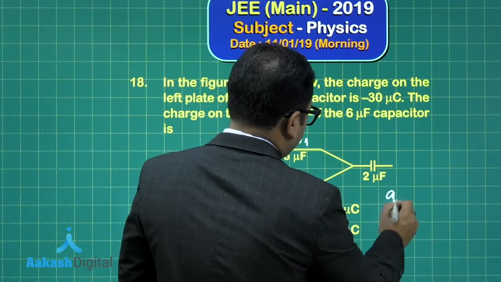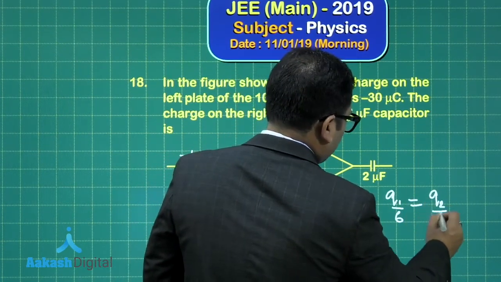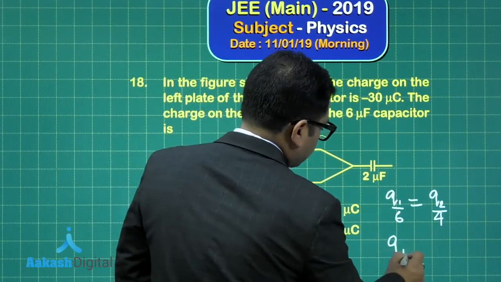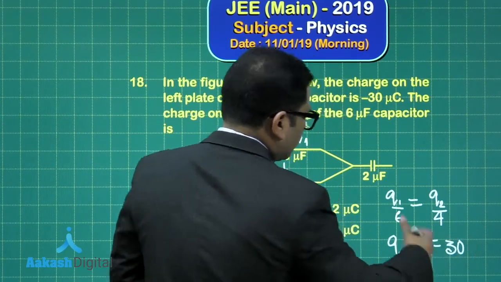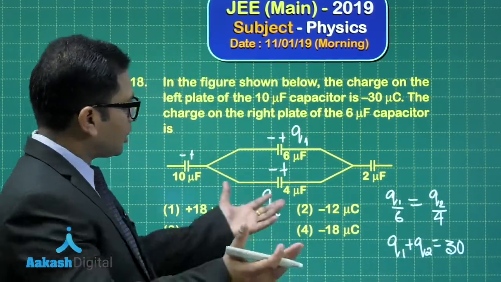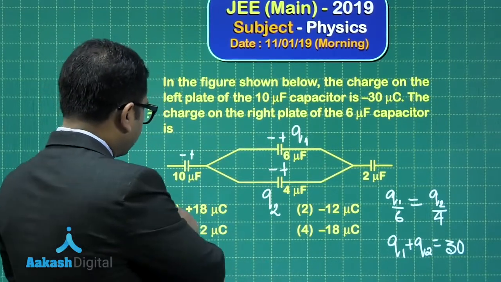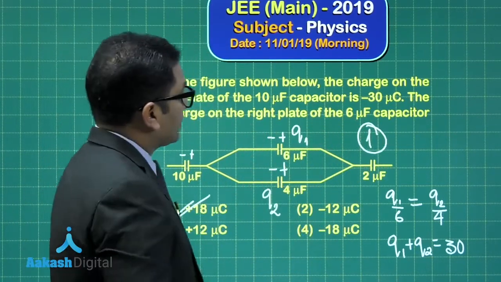Since they are in parallel, Q1 by 6 would be equal to Q2 by 4. That's the first one. And then conservation of charge allows us to write Q1 plus Q2 is 30. The unit is in microcoulomb. Well, you solve these two simultaneous equations, you're going to get option number 1 as the correct option for question number 18.